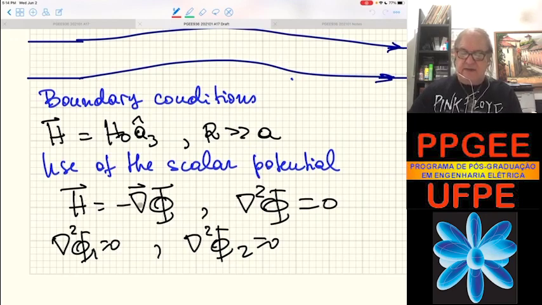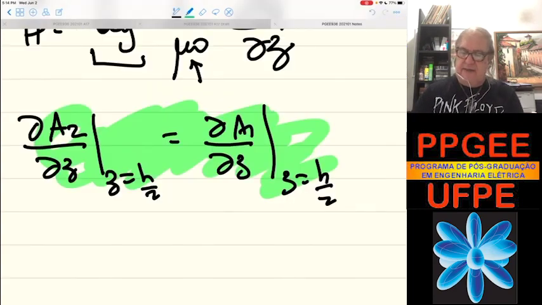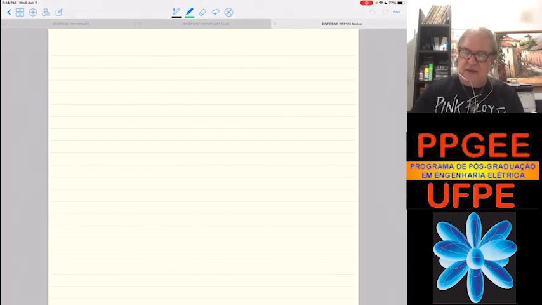So let's use the scalar potential in this case. H is going to be minus gradient of phi, and the Laplacian of phi equals 0 because the divergence equals 0. So we have a solution for Laplace's equation inside and outside of the sphere. We know that in this problem the potential depends only on two coordinates.